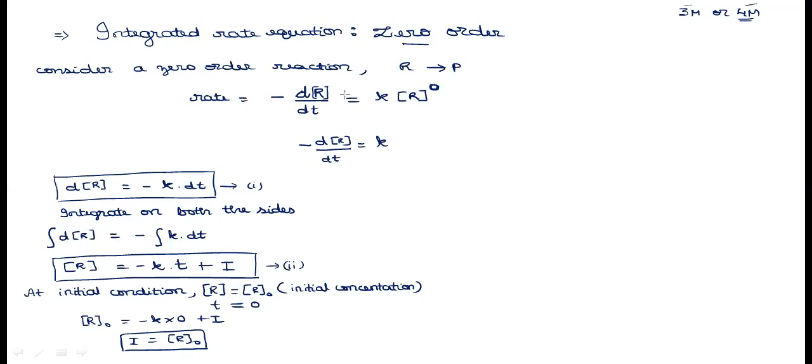Just observe that and try to remember very clearly how we are taking the steps. So try to follow it. Now once we have got the integration constant value, substitute the value of I in equation 2. These are the steps we have taken.